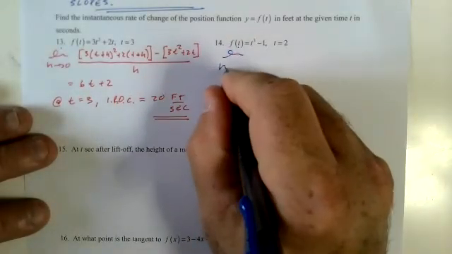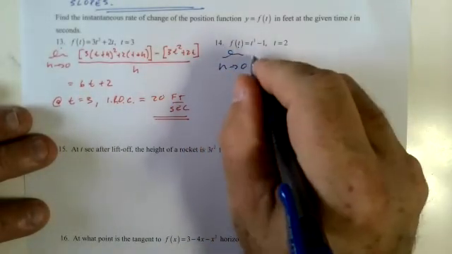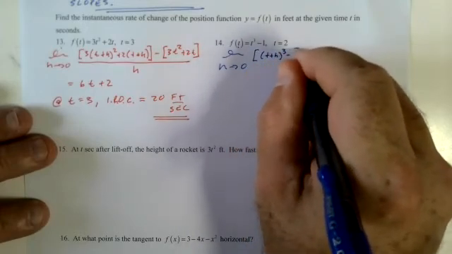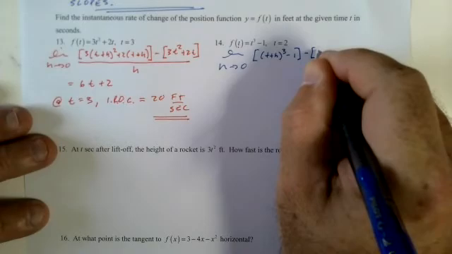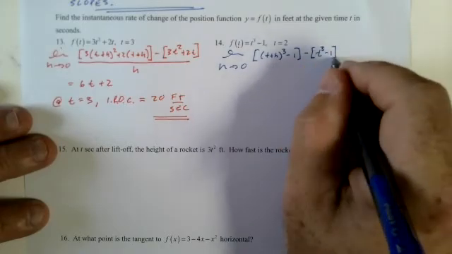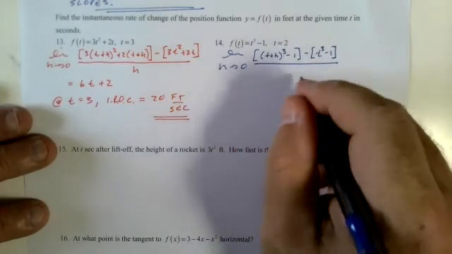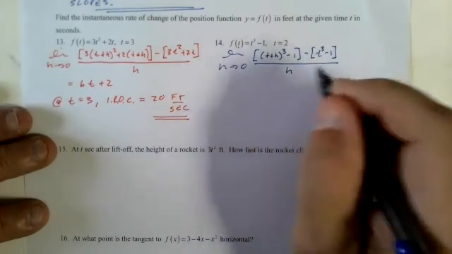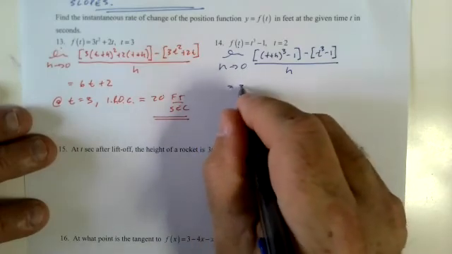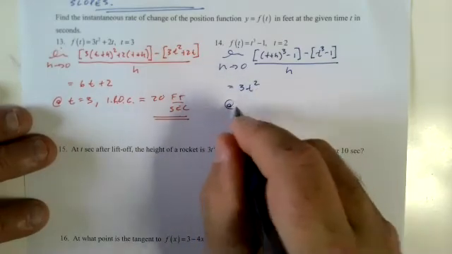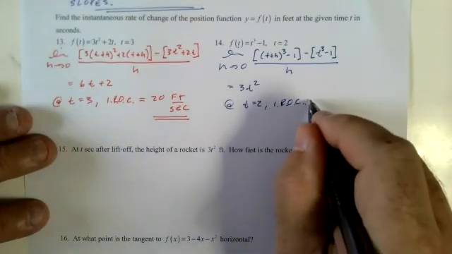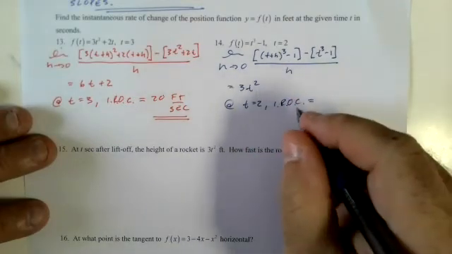Limit, three t squared at t equals 2 equals 12 feet per second.